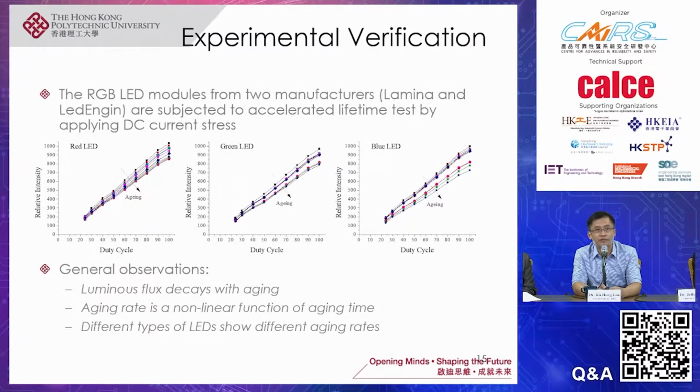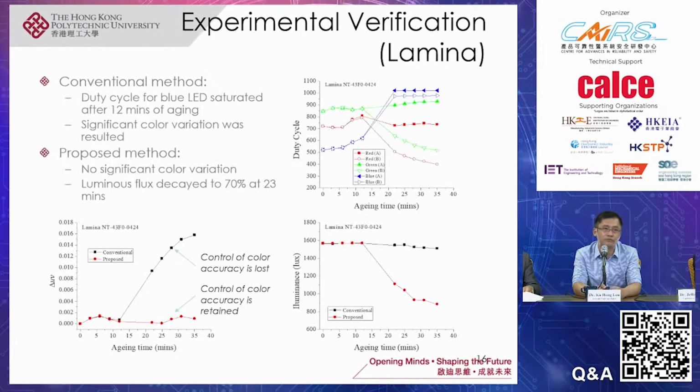So that means it is very difficult to use a lookup table approach, as was used by the two methods that I mentioned previously to do the color control. So that again highlights the suitability, or the appropriateness, of using the photosensors to do the closed-loop color feedback control.